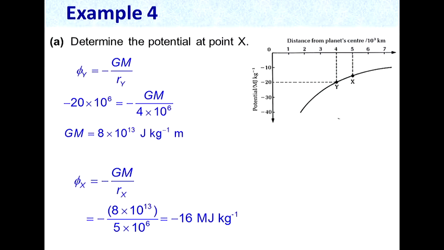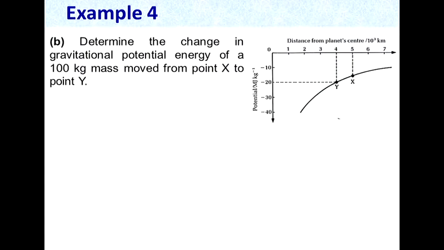Okay, if you're done with part A, look at part B. Here you're moving a 100 kg test mass from point X to point Y. And what is the change in GPE?